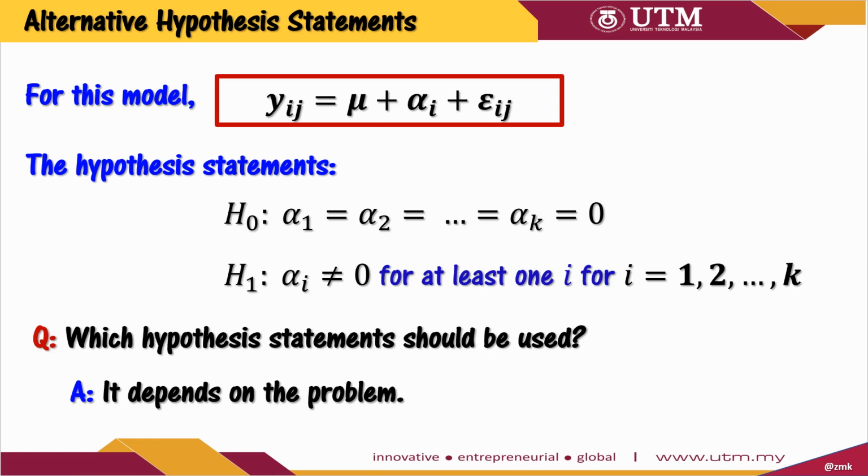But if you are to investigate if a treatment or factor level has any effect on the observed values or not, then use the second choice of hypothesis statements that we have in this slide, where under the null hypothesis, no level effects exist against the alternative hypothesis where at least one level effect is not 0.